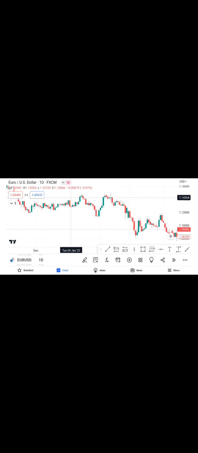So I'm going to use this candle here. What I'm indirectly saying is this. I'm going to put this here like this. I'm going to use the length of this candle here, and the wick of the other candle there.